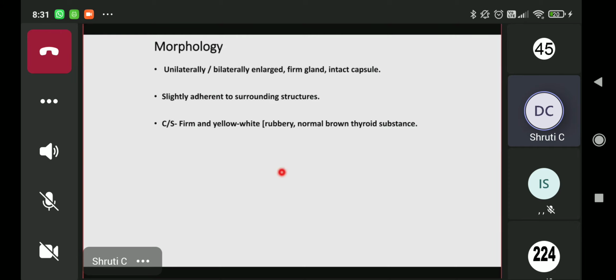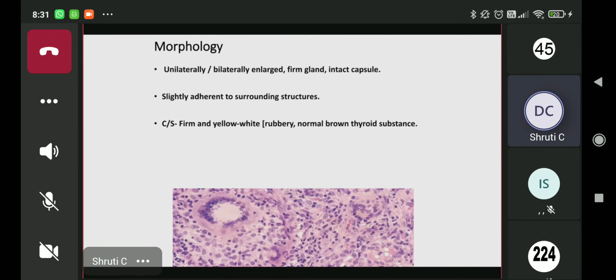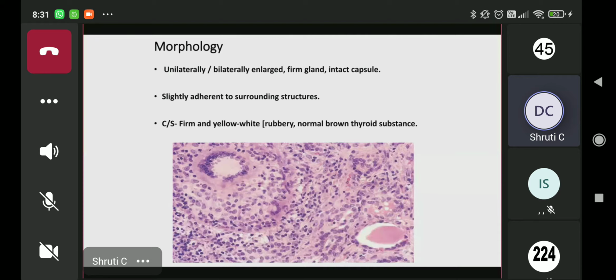Okay. And morphologically, the thyroid gland is firm and yellow-white. And you can see here the characteristic granuloma, the epithelioid cells, and the multinucleated giant cells.